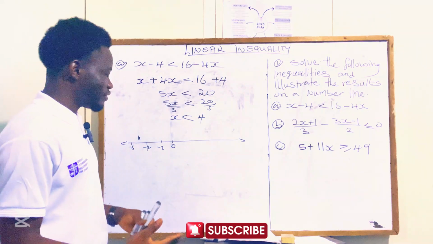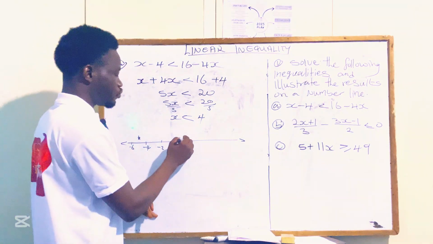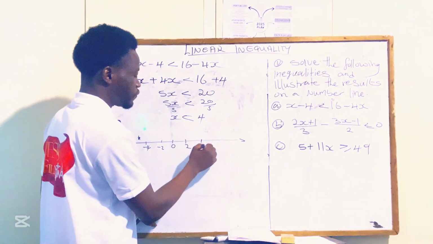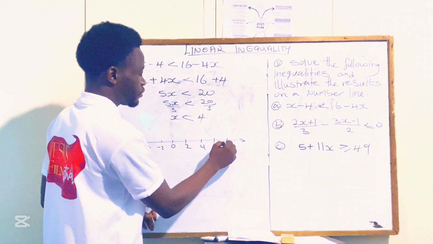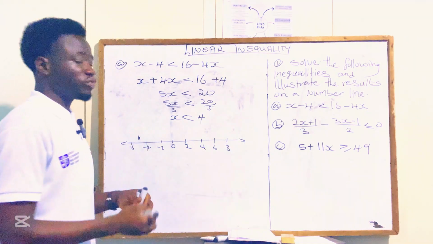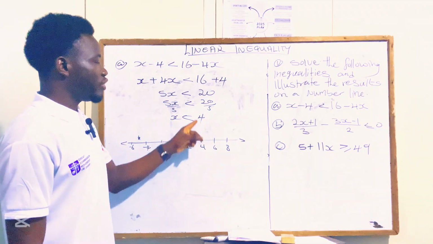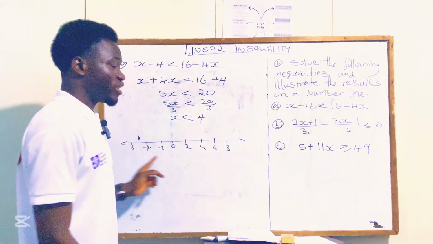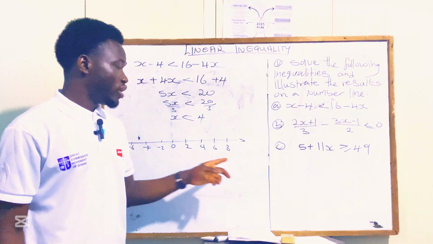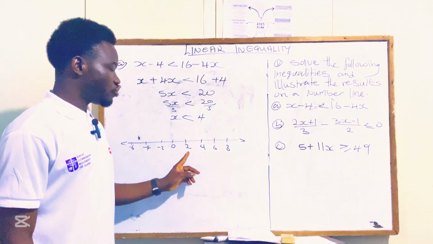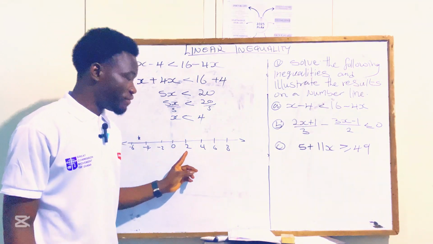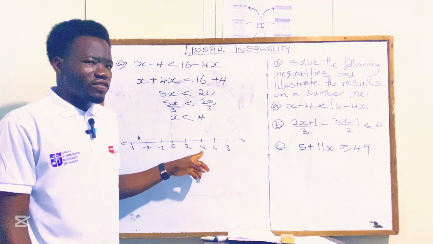That is what I'm using, so 2 units. So here 2, 4, 6, 8, and always up to infinity. Now, if the value here is big and you don't want to draw the number line very long, that is when you have to choose your unit here very carefully, so I can easily get the 4 inside there.